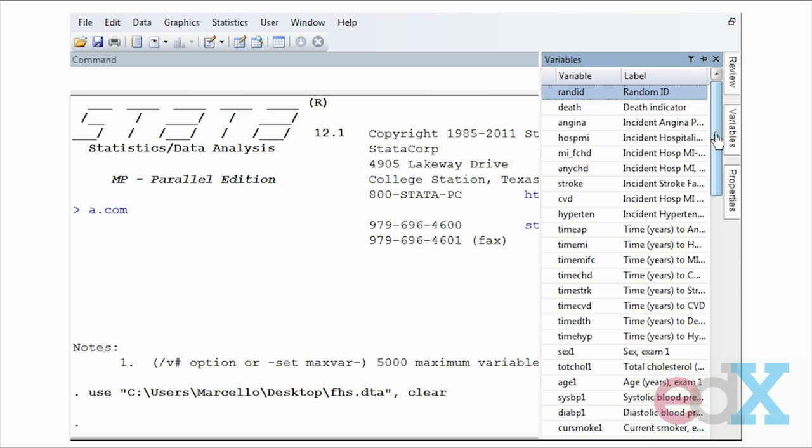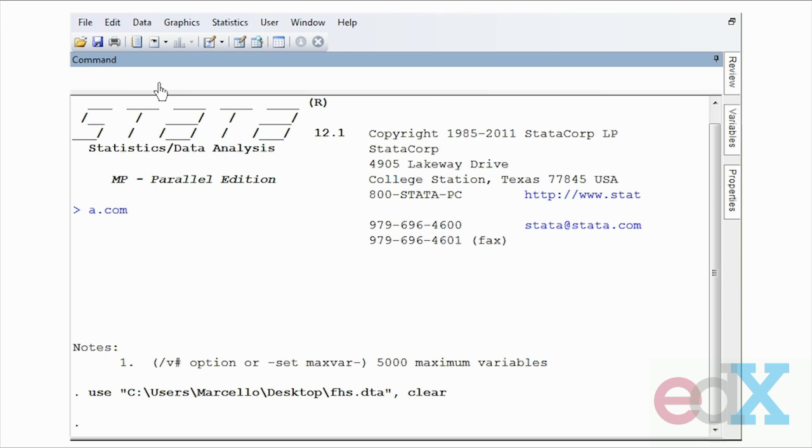So what do we do with dependent tests? With dependent tests, we reduce it to a 1-sample test. What we do is we look at the differences between the 2. So for example, let's just for argument's sake say we're looking at the total cholesterol. So let's generate a new variable, let's call it tot col, and that's going to be the total tot col at time 2 minus tot col at time 1.